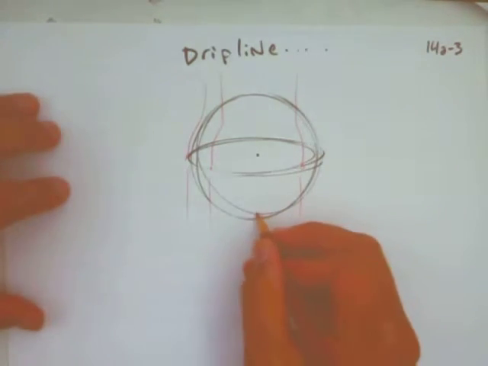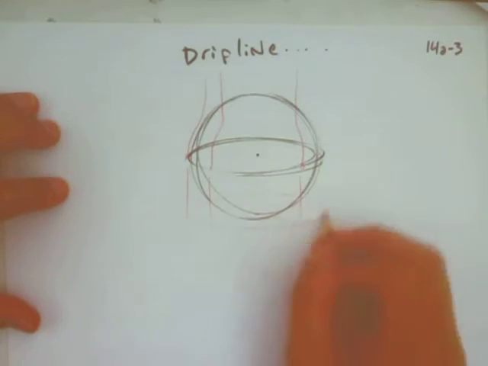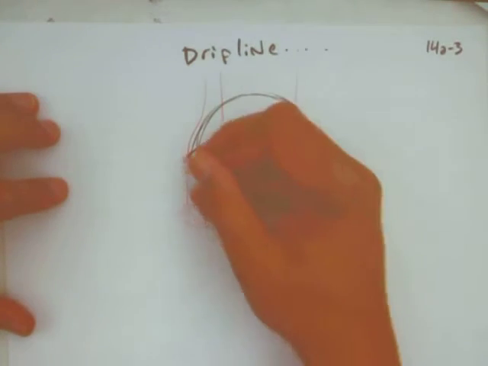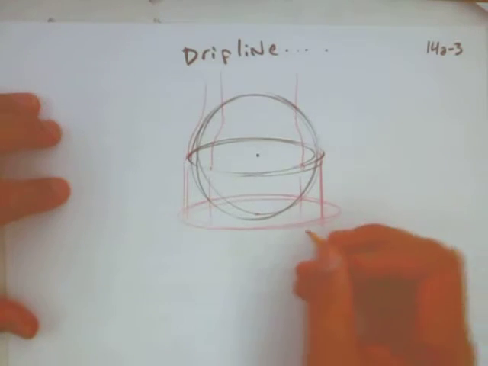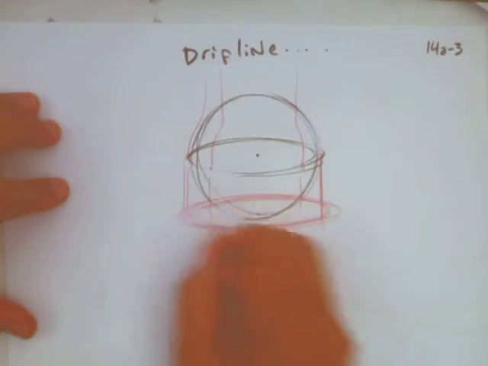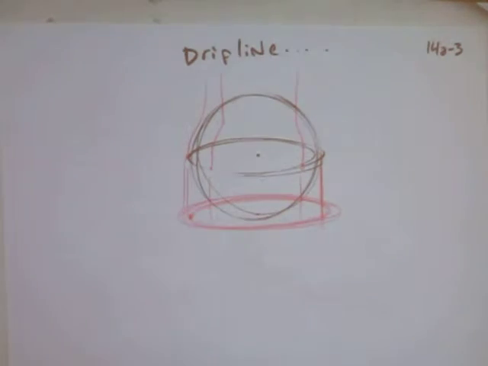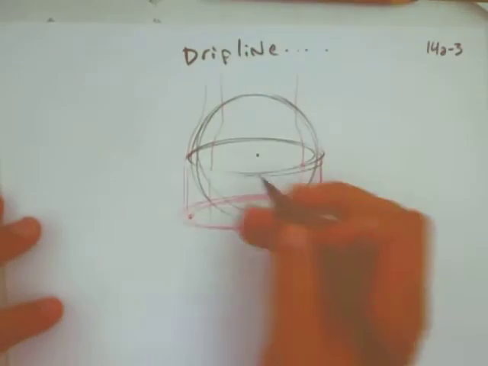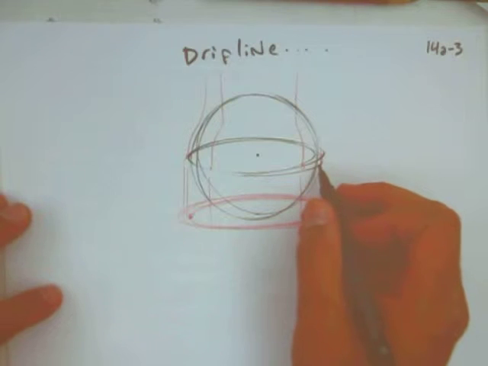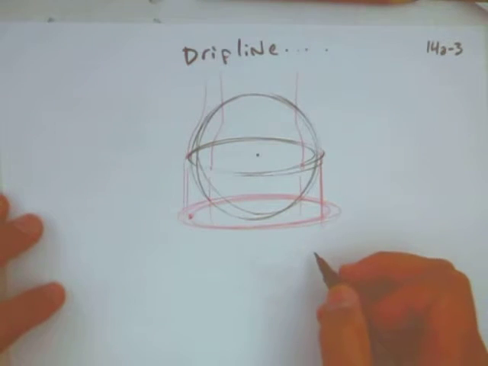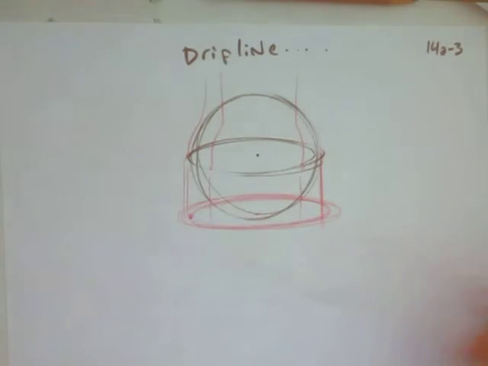And if you did that, you would get a drip line. Now, the important part of that concept is just that you're essentially mapping the geometry of the sphere into a flat plane, and that's going to come in very, very, very handy as we're working on it. Okay?